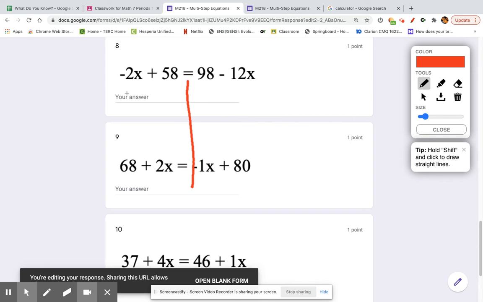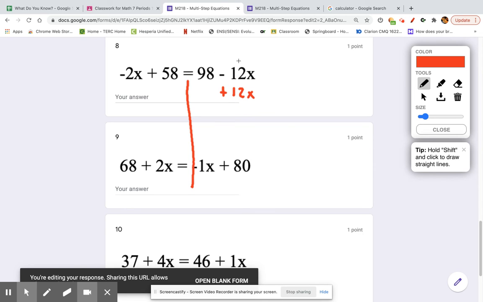You could add 2x to both sides, or you could add 12x to both sides. To me, I realize that if I add 2x, I'm only going to have minus 10x over here. But if I add 12x to both sides, that means I'm going to end up with a positive x. And I'd rather deal with a positive x. So let's go ahead and do that. Sometimes it'll be inevitable that you can only work with a negative x, but we don't have to this time.